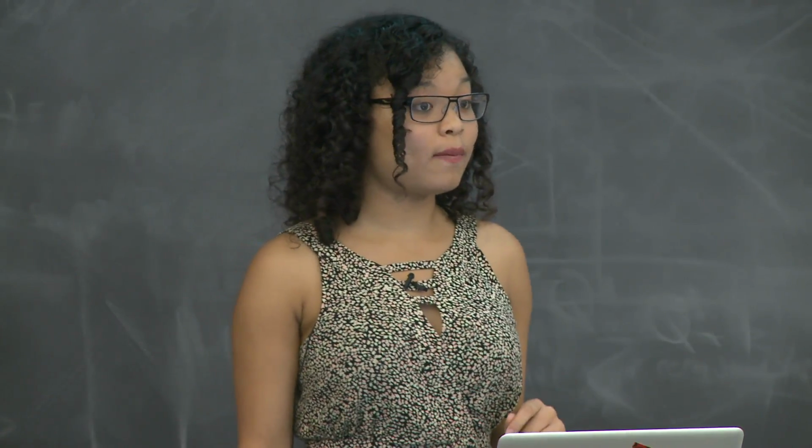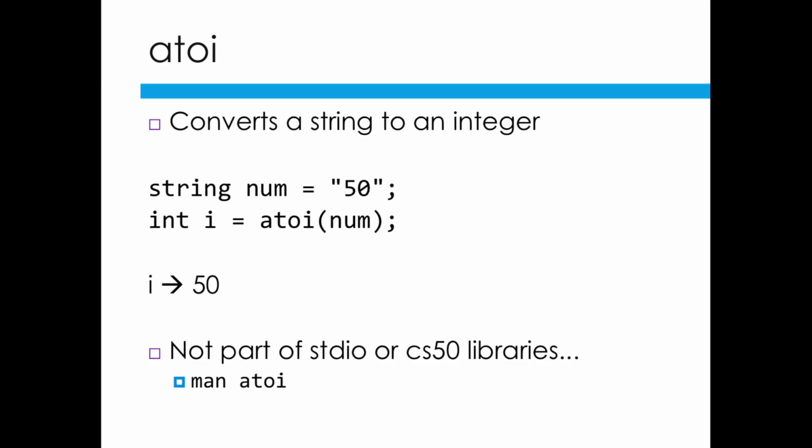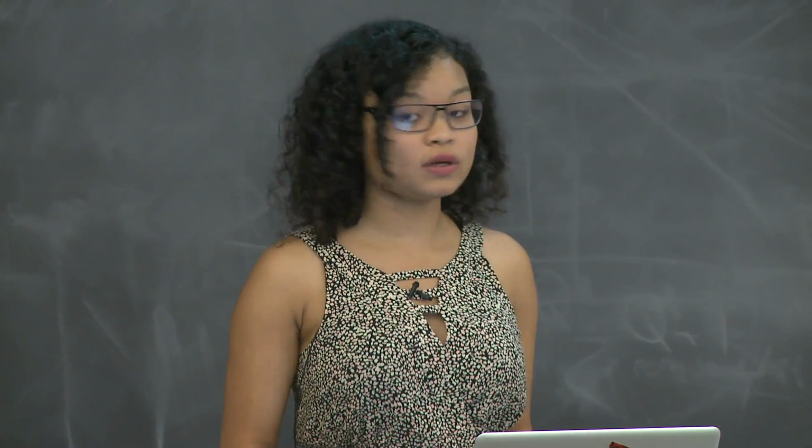Recall back to walkthrough 1 where I discussed the manual function. You type man in your terminal, followed by the name of a function, and that'll bring up a whole list of its usage, as well as which library it belongs to. So I'll leave it to you to use the manual function with atoi and figure out which library you need to include to be able to use it.